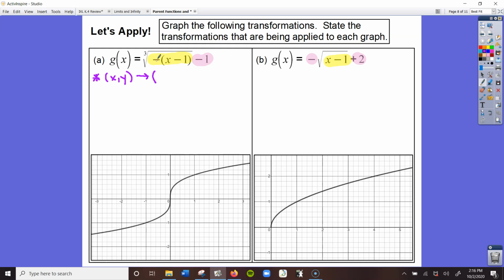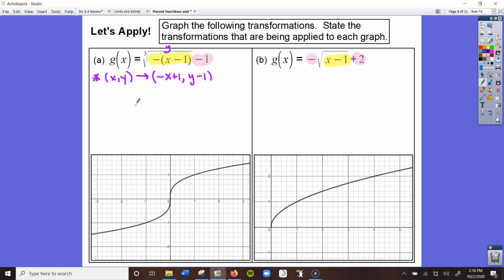If you have a negative, whether it is inside or outside, you keep it. So we're going to keep the negative with the x, and instead of x minus 1, we're going to write x plus 1, because that's the opposite. Then anything outside affects your y's. Think of what is inside as y. So just read straight across. We would have y minus 1.